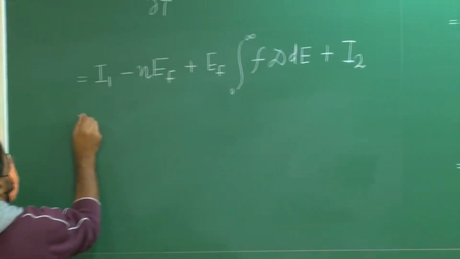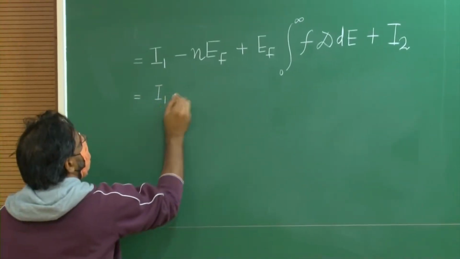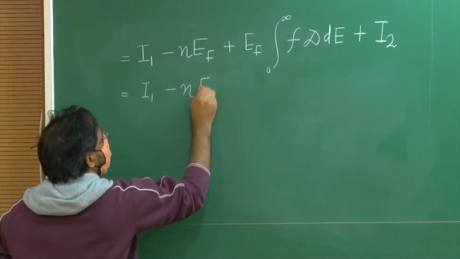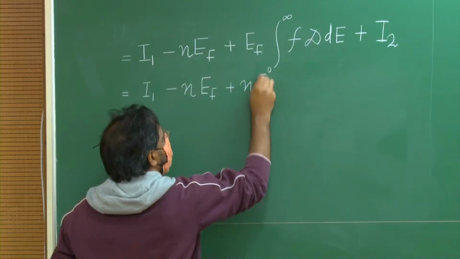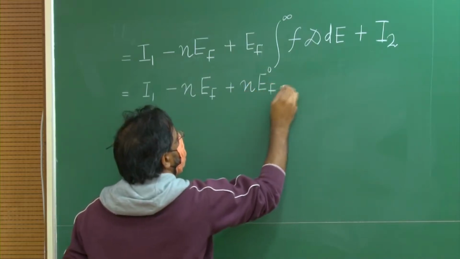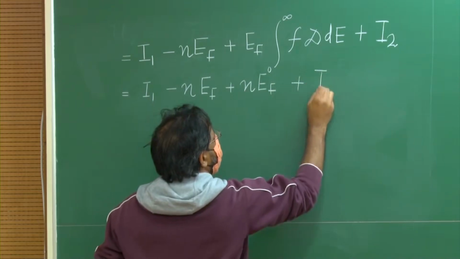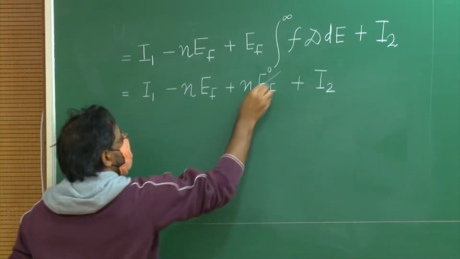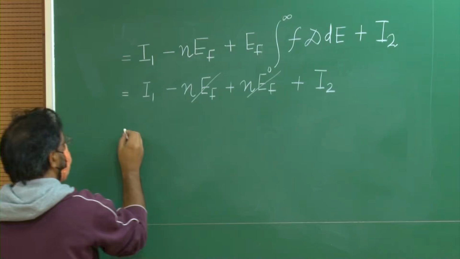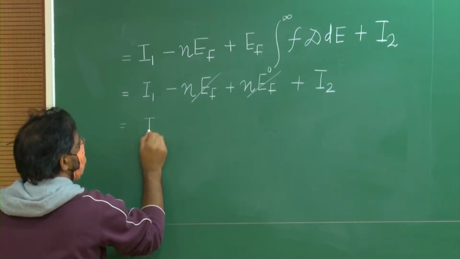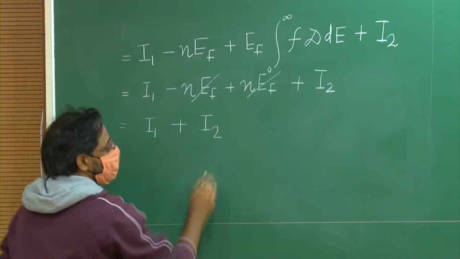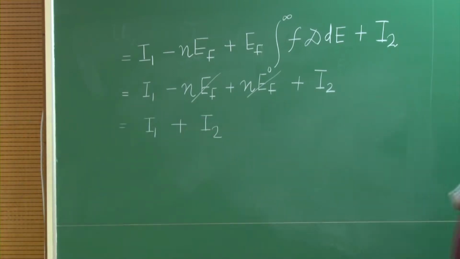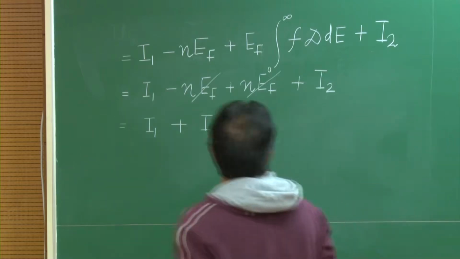Then you have I1 minus NEF plus NEF plus I2. These two get cancelled out. What will remain is just I1 plus I2. Is that fine? Now we are close to the final result.